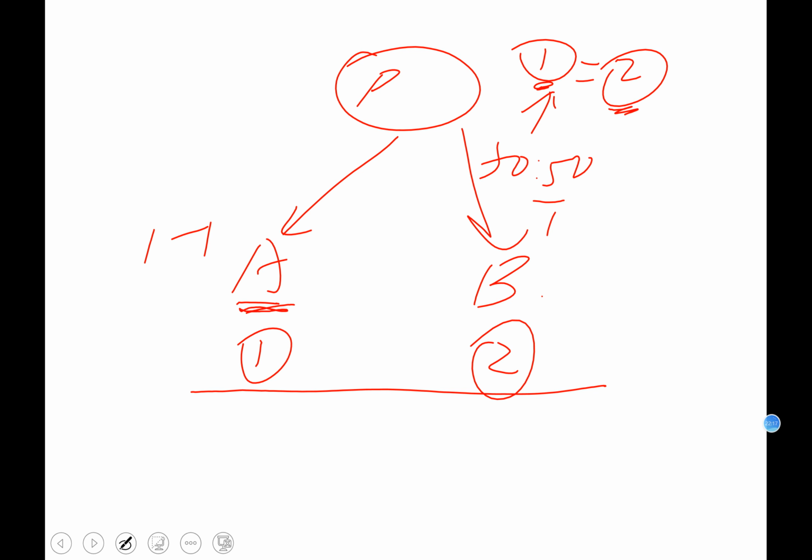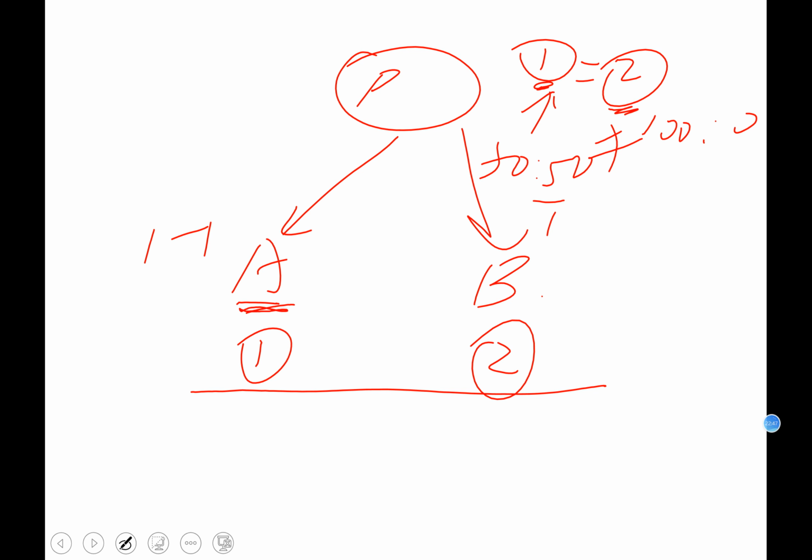So if number 1 gets into group A, number 2 must be in group B. So for number 2, the probability should be 100% to 0. So we can find that the probabilities for these two patients are not the same. They are different.